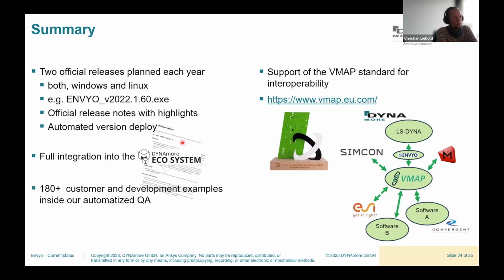And finally, we are working on the support of the VMAP standard. We're also part of the VMAP standard community. So the more we can link to this standard, the more software tools we provide automatically, if they are supporting the standard as well.